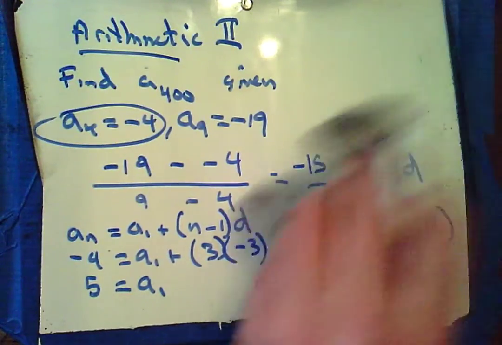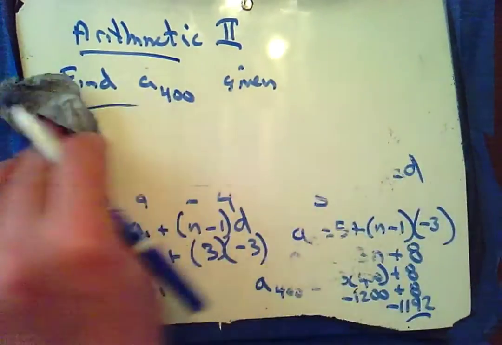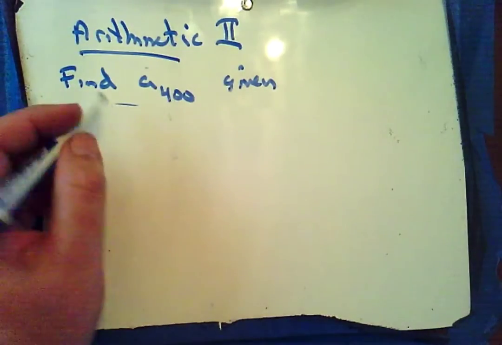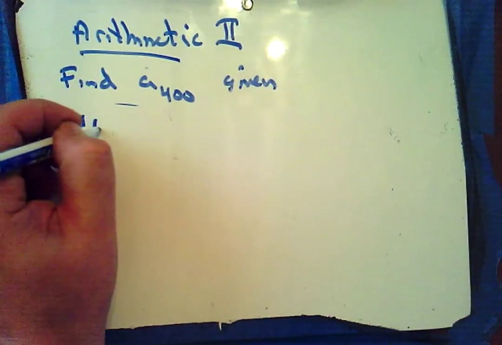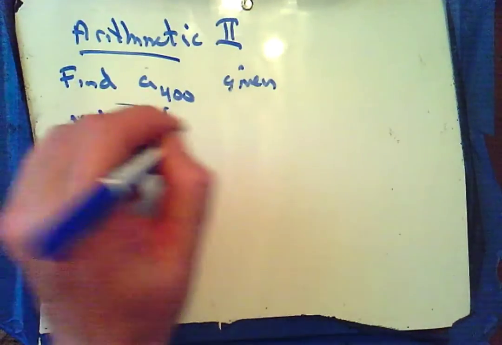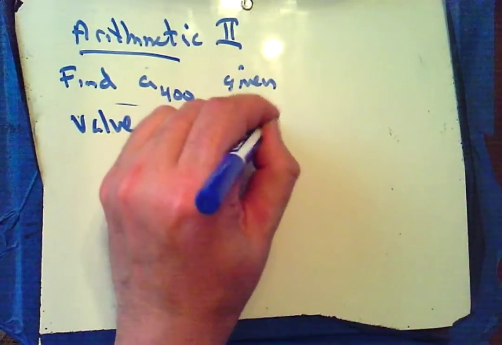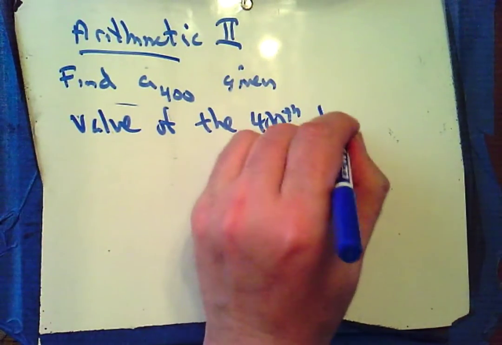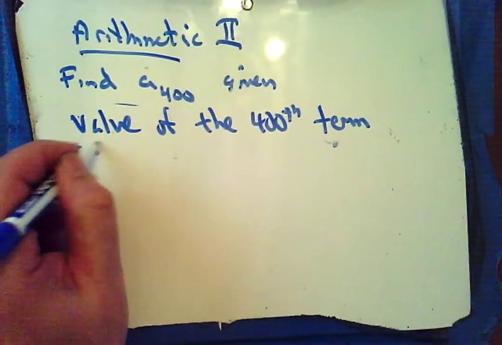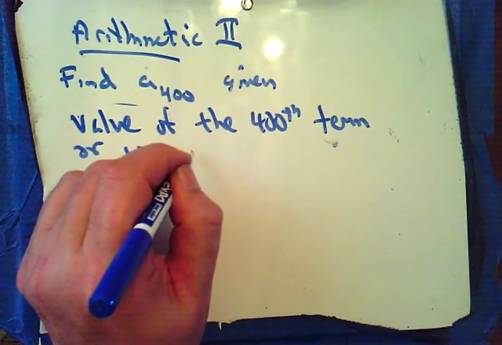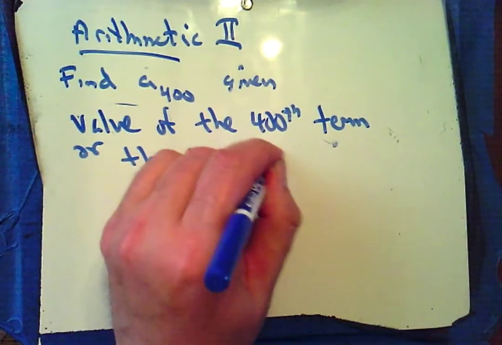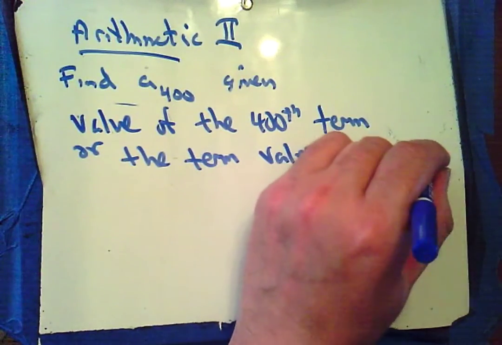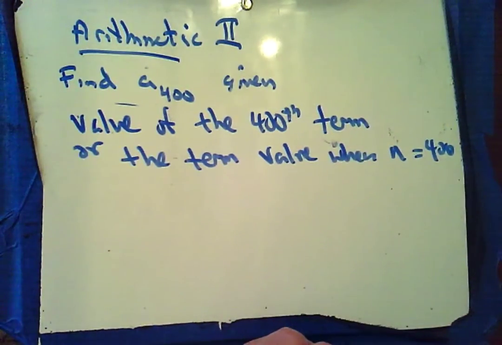I also want to introduce a new notation today. We know that a sub 400 means the value of the 400th term, or the term value when n equals 400.